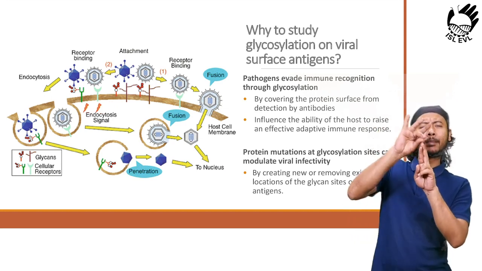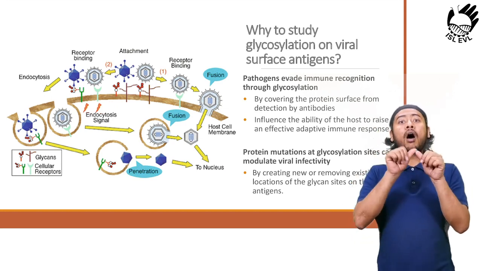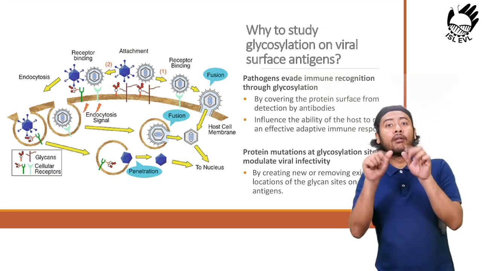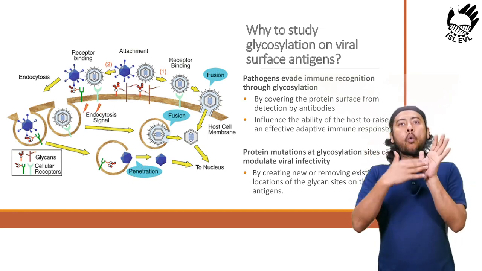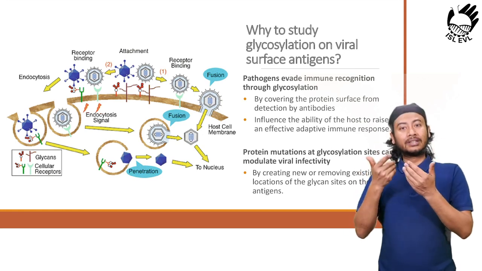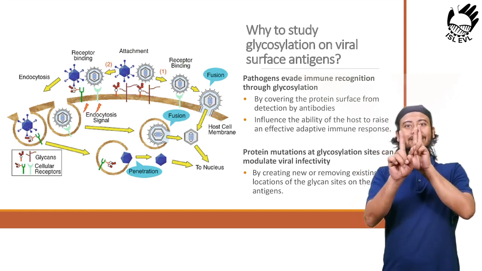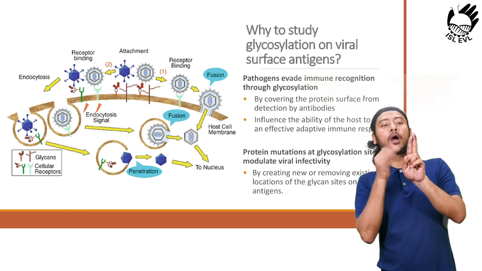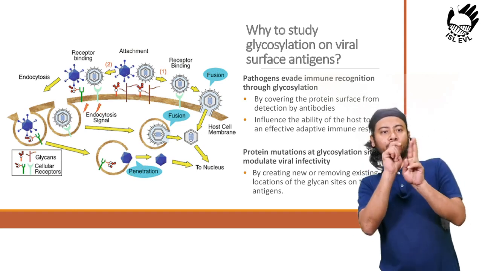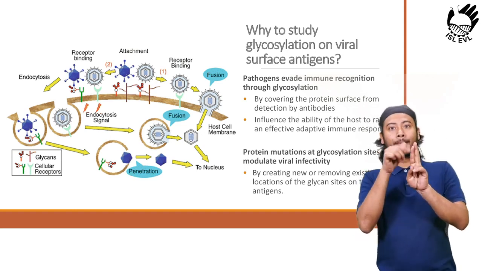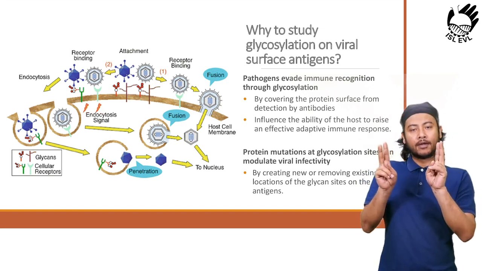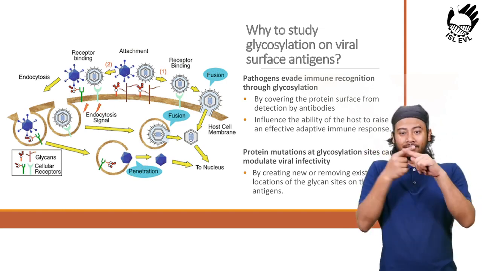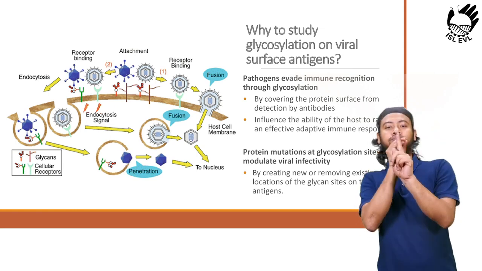Several mutations happened, and earlier it was a wild type, then changed to alpha, then beta, gamma, delta, and now the Omicron variant. All these variants of SARS-CoV-2 had differences in their spike protein because of mutations. These mutations led to changes in the structure of proteins and their properties, as well as changes in glycosylation sites.